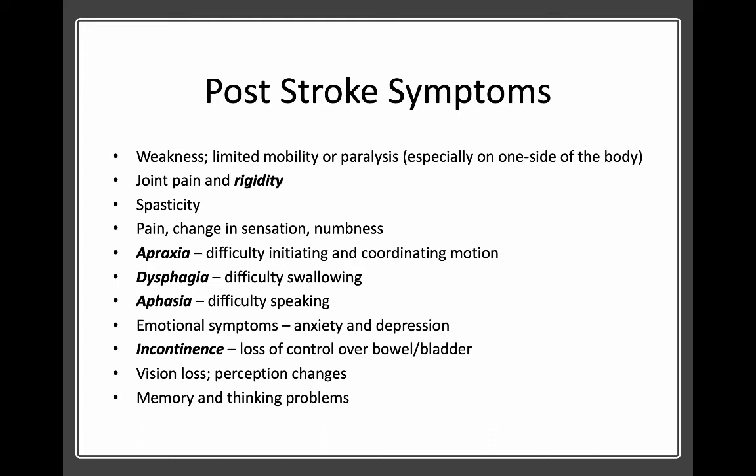Curiously, some people will lose their long-term memory but keep their short-term. Or they may have the opposite. They may be able to remember things that are very far in their past but not remember things from a few minutes ago. And they may have difficulty with certain types of thinking, like linguistic thinking, understanding how to write, or understanding how to do mathematical thinking or problem solving, depending on the parts of the brain that were affected by the stroke.